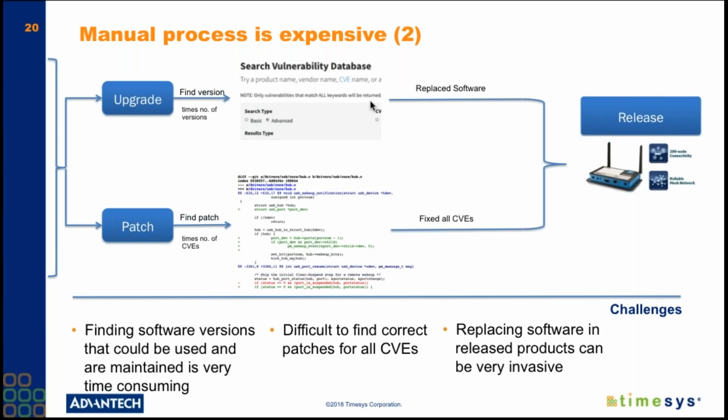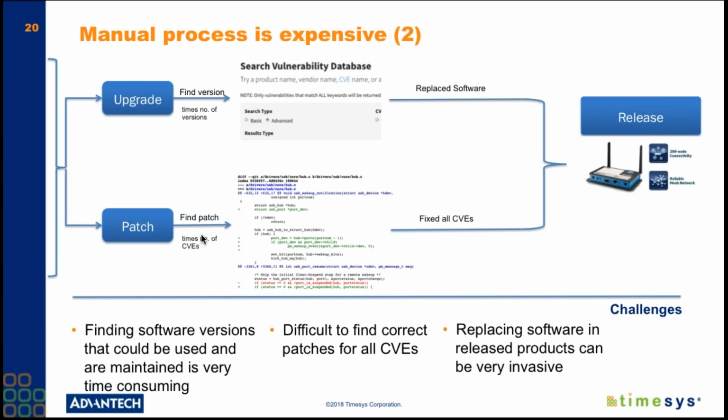Now, the challenge in this stage is that finding software versions that could be used and maintained is time consuming, right? So if I'm navigating through this upgrade process, that's time consuming. To find patches, that's also time consuming, but I also have to worry about dependency between patches.